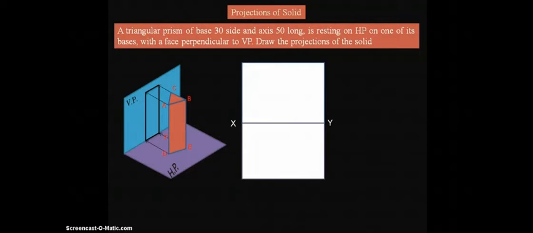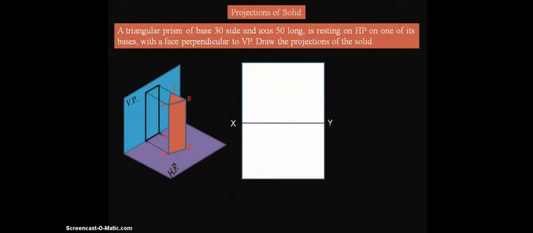So next we discuss how to draw the front view and how to draw the top view. We already know that for getting the final views, first we have to draw the view in which we can see the exact shape of the base. So for prisms, first we need to consider where we can see the exact shape of the base.